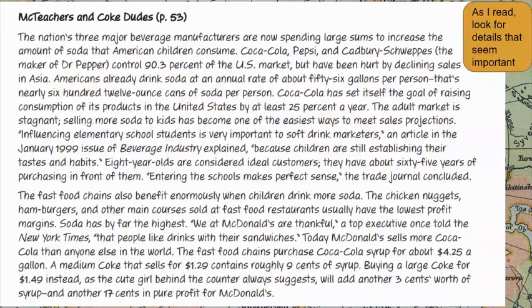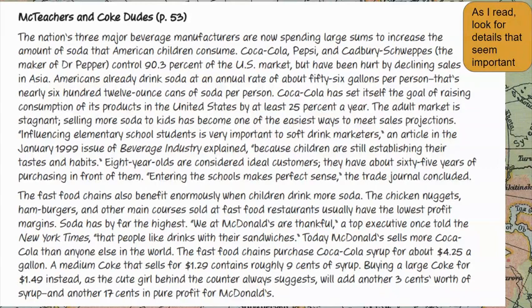Influencing elementary school students is very important to soft drink marketers, an article in the January 1999 issue of Beverage Industry explained, because children are still establishing their tastes and habits. 8-year-olds are considered ideal customers. They have about 65 years of purchasing in front of them. Entering the schools makes perfect sense, the trade journal concluded.